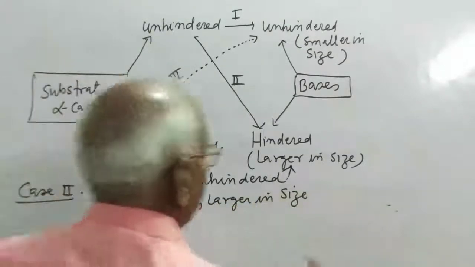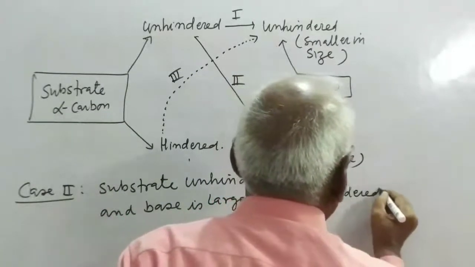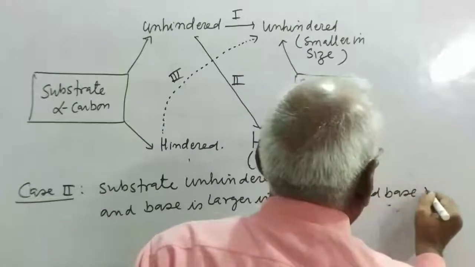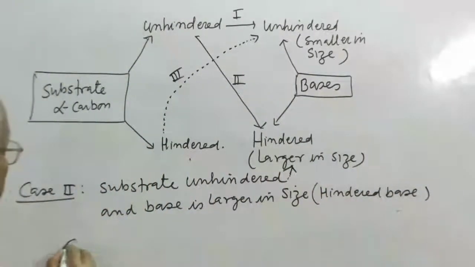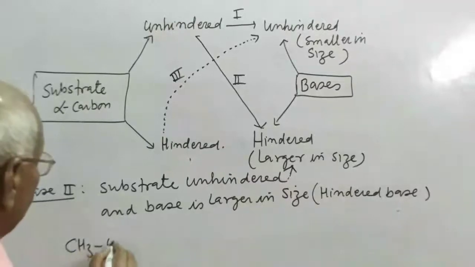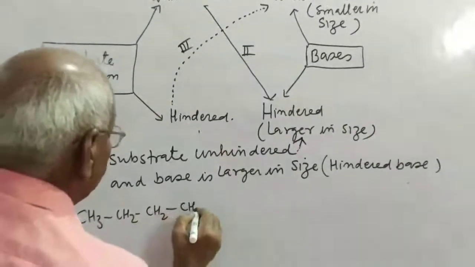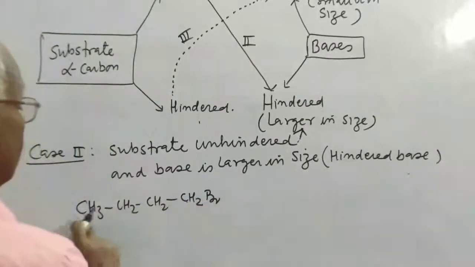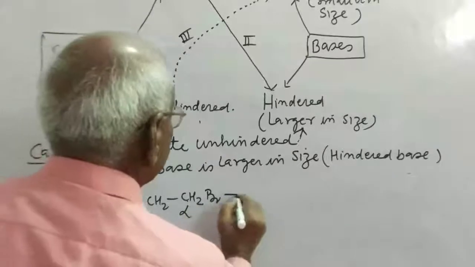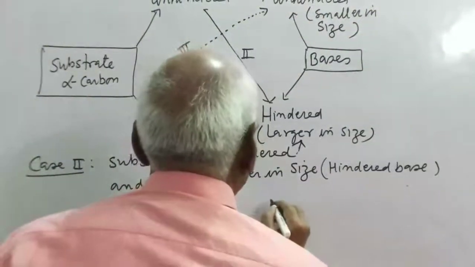That is, hindered base. For example, reaction with the same substrate. The same substrate is N-butyl bromide. This is the alpha carbon. Reaction is going to take place with this.